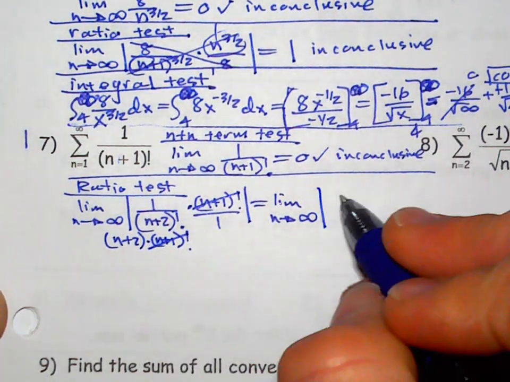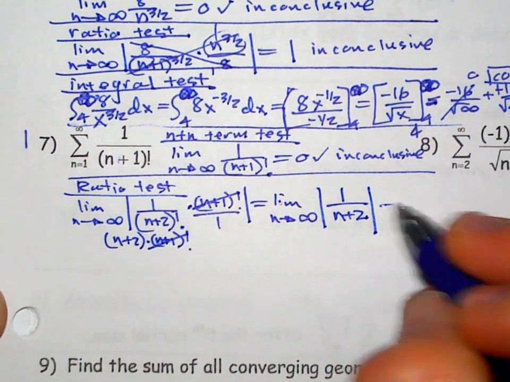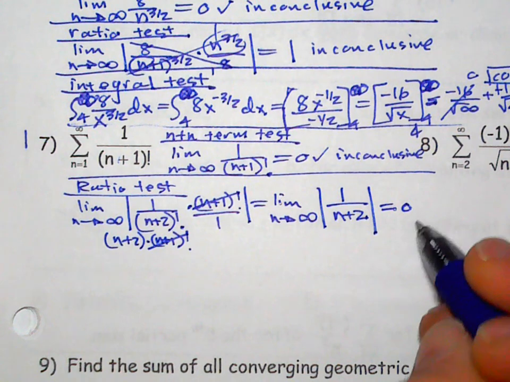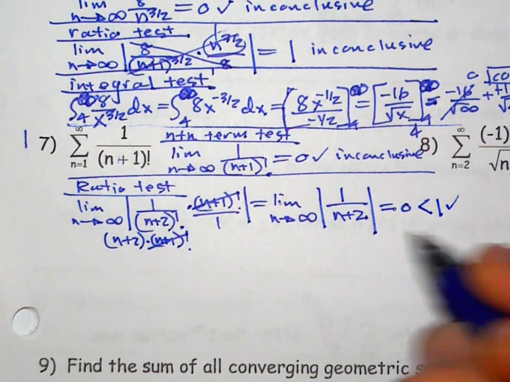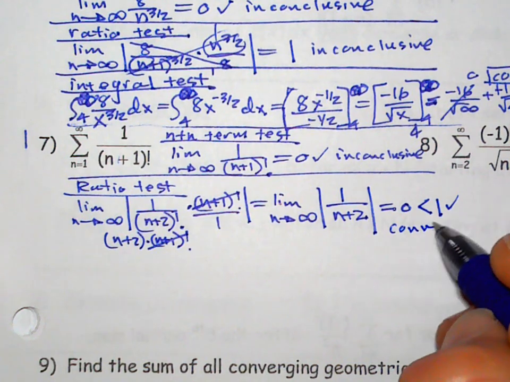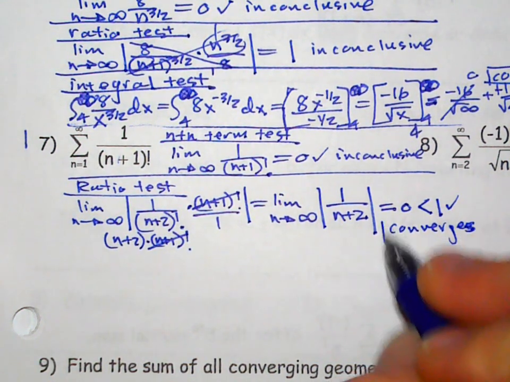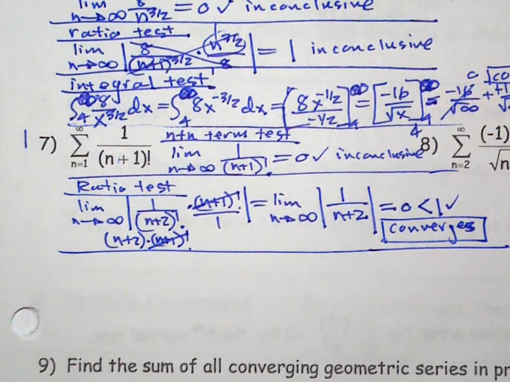So really, this is 1 over n plus 2, which goes to 0, which now you need to know if it's less than 1. That's convergence. So there we go. It converges by the ratio test. So there we go. We got a conclusive answer.